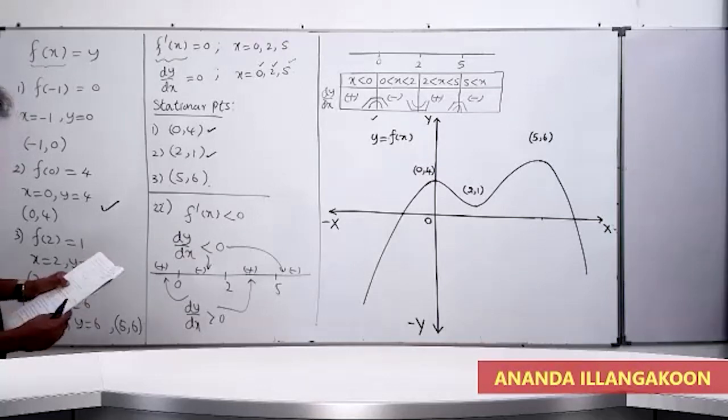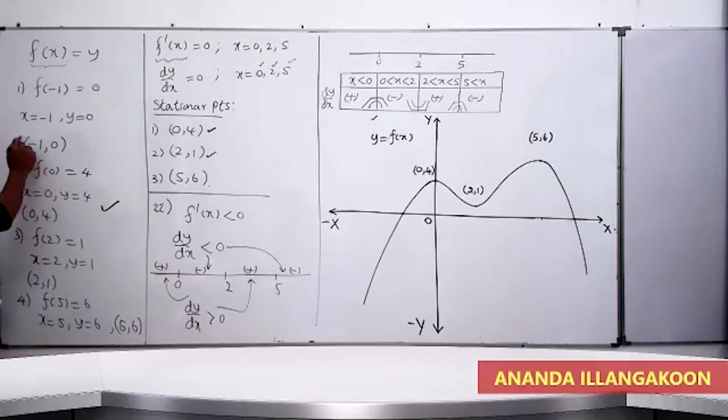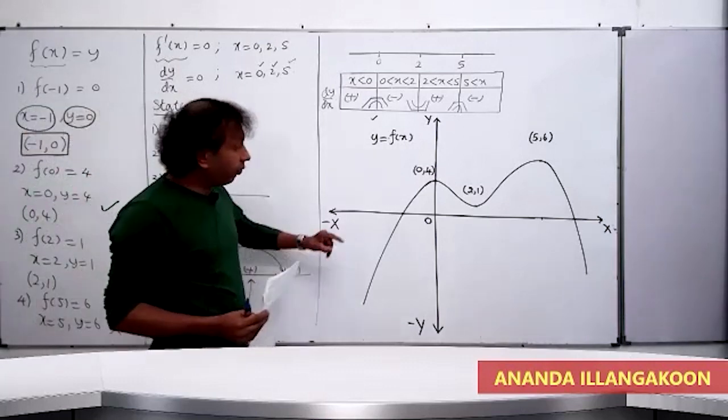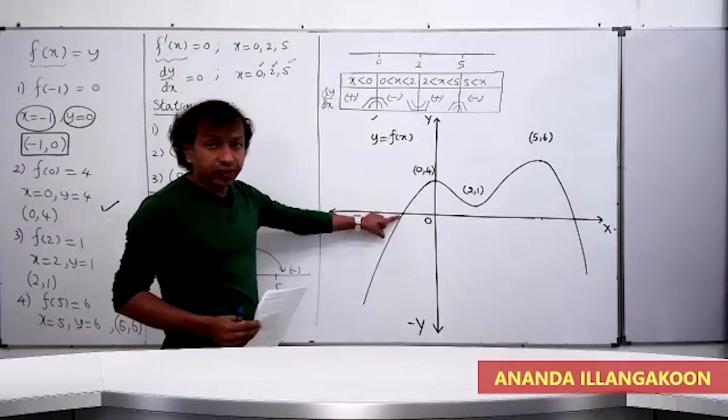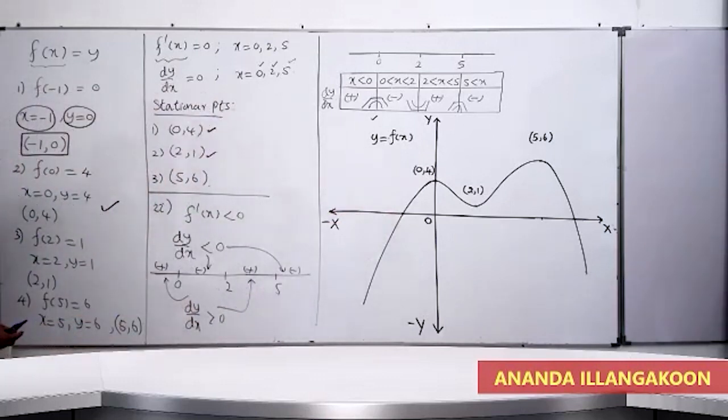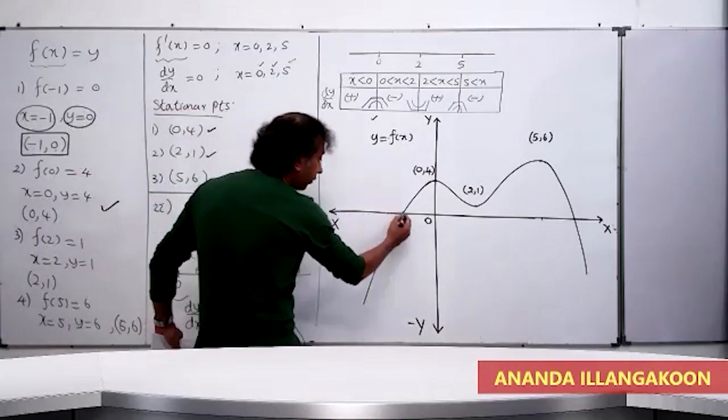Y becomes 0 when x equals minus 1. Where should that point be? Y equals 0 means on the x-axis. One is x equals minus 1, y 0. Therefore definitely this should be that point.